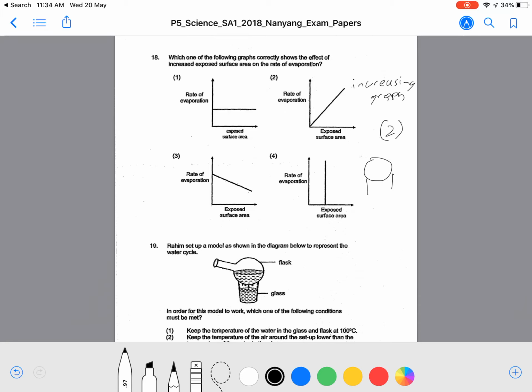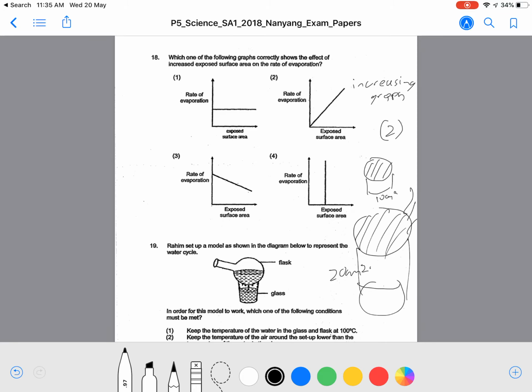if it's a bowl of maybe 10 cm square versus another one that is 20 cm square, the bigger surface area will evaporate faster.